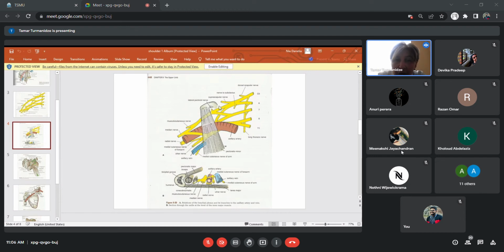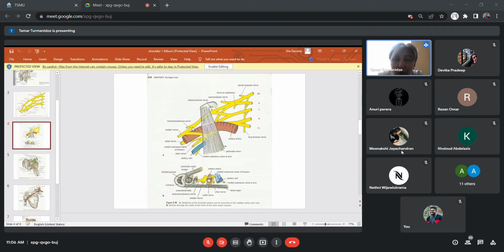The lateral cord of the brachial plexus gives off the musculocutaneous nerve. It gives off the lateral root of the median nerve. It also gives off the lateral pectoral nerve.